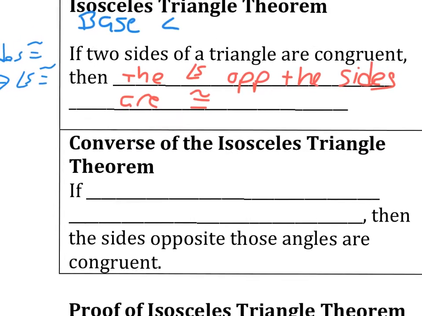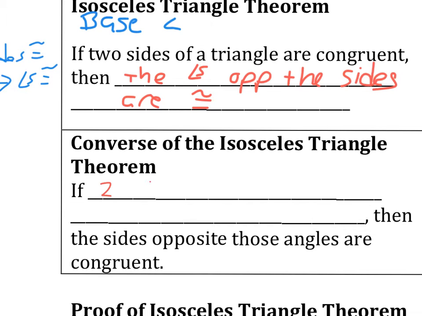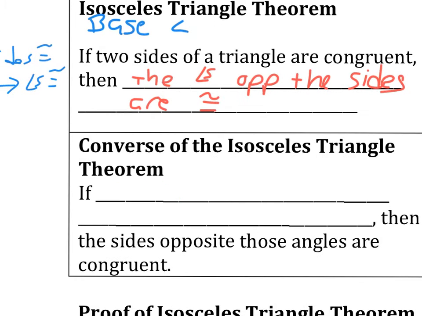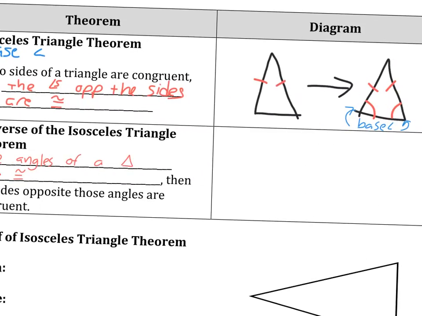If two angles of a triangle, let me clean that up, are congruent, then the sides opposite those angles are congruent. So where do we start?